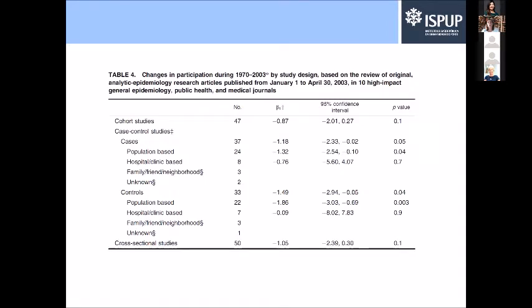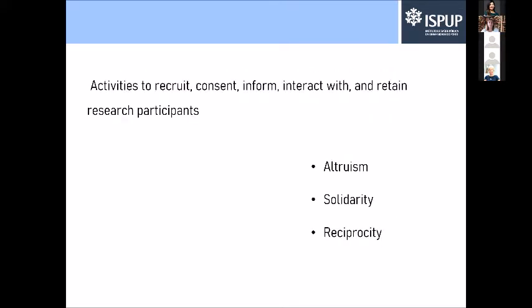So we know from reviews that a decline in participation rate is expected when doing this type of study, and this trend is unfortunately consistent along the birth cohorts that are already established. So engagement of participants becomes paramount, as loss and attrition make us deal with problems such as selection bias and problems regarding representativeness.